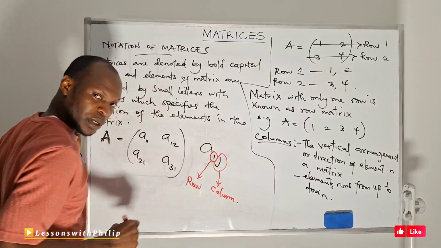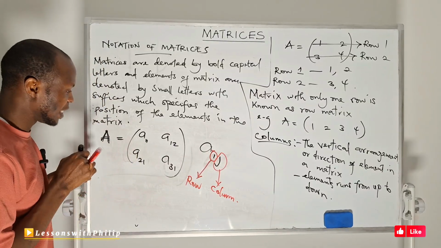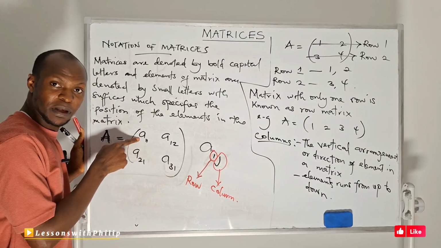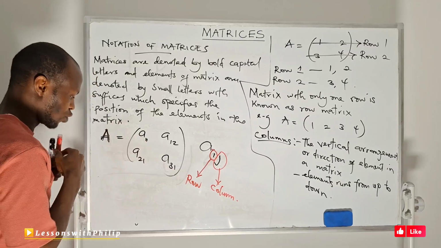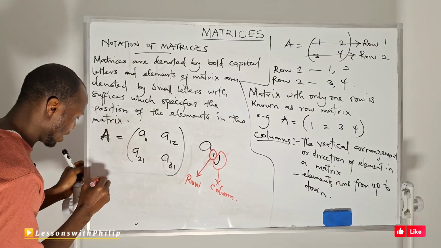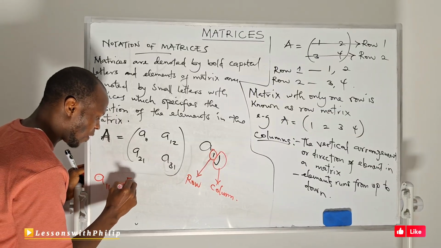Okay? Do you get it? That shows that A11 means this first element belongs to row 1, column 1.